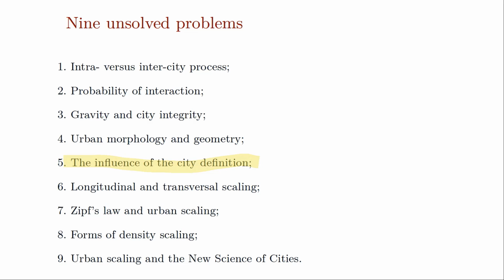We are seeing a lot of work that depends on the city definition, and you get different scaling exponent values. We also need to solve the problem of longitudinal and transversal scaling. That means, what about one particular city? When the city grows, does this city behave according to the same laws that we have observed here in the system of cities? That is one question that must be solved.